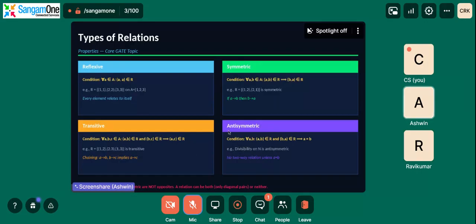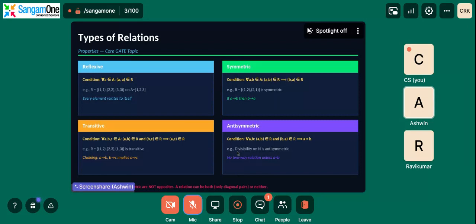Then moving on to antisymmetric. The condition is for every a, b, if (a, b) belongs to R and (b, a) belongs to R, then a equals b. Example: divisibility on natural numbers is antisymmetric because every number can divide itself.